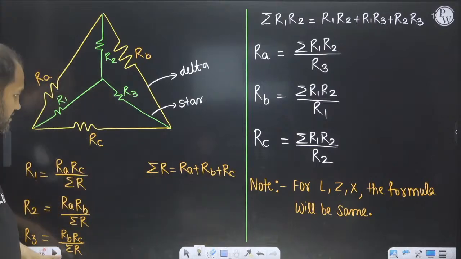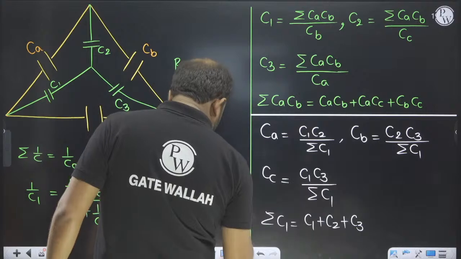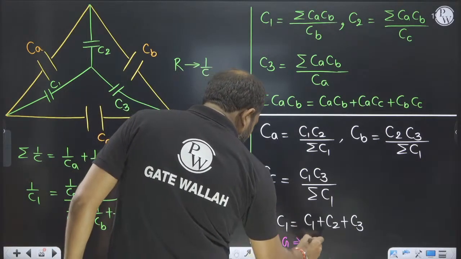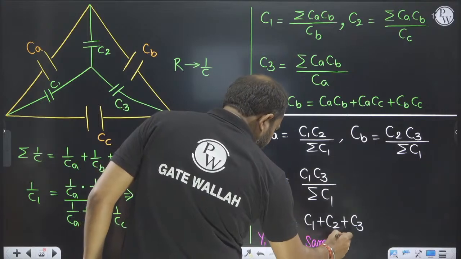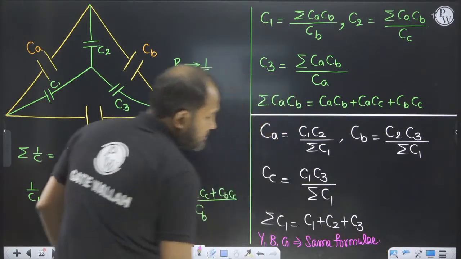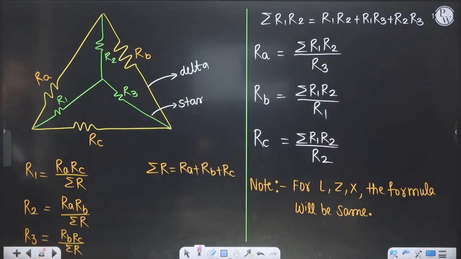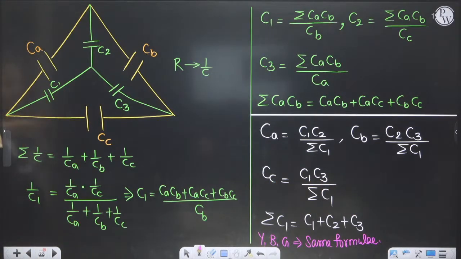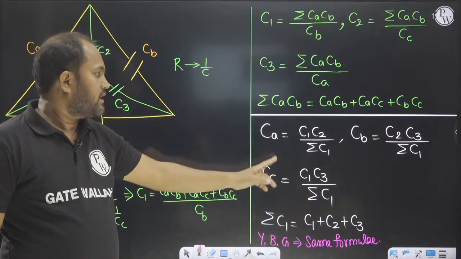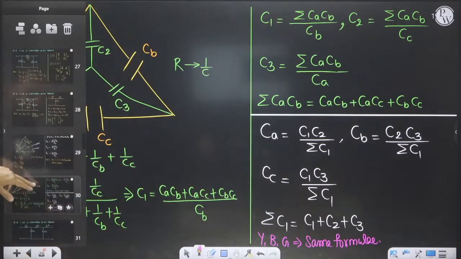And in this case also you can remember that formula for Y, B and G, the same formula we will use. Like that here also. This formula is delta to star and this one is star to delta. Okay.